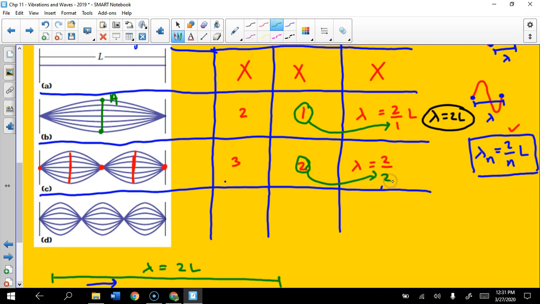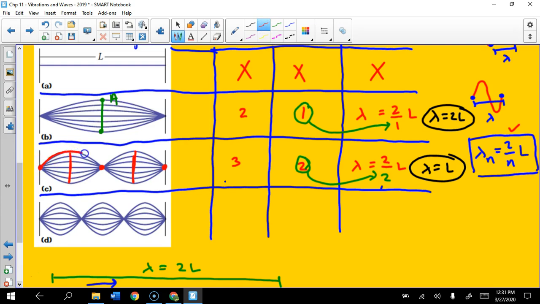So 2 divided by 2, multiplied by the length of the string. If you do the math, 2 divided by 2 is 1, so lambda equals L. For this, I don't need to make a separate diagram. What it's trying to explain to you is that one wavelength is equal to the length of the string.